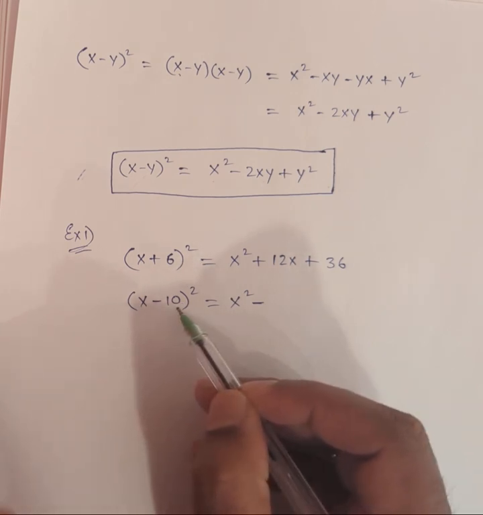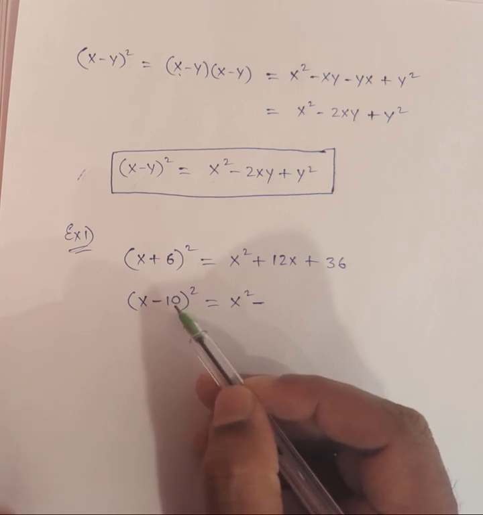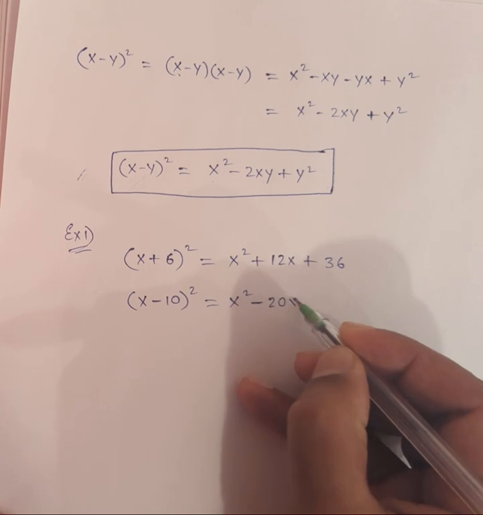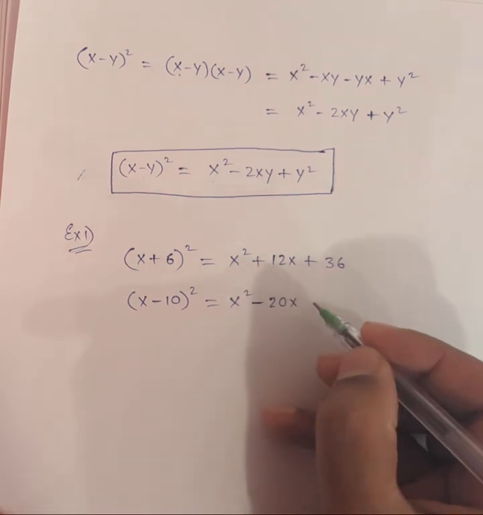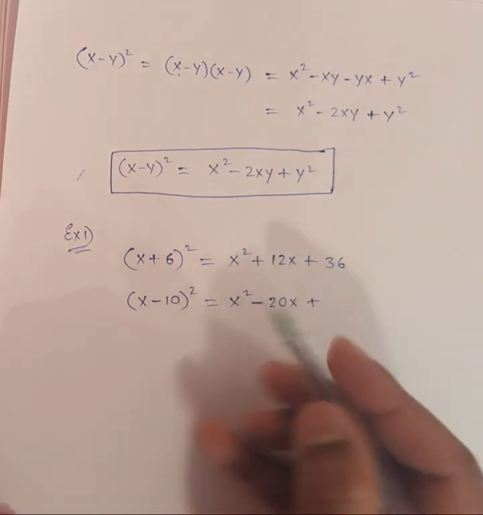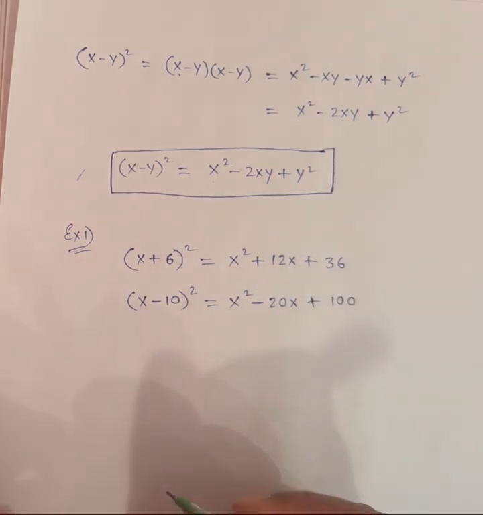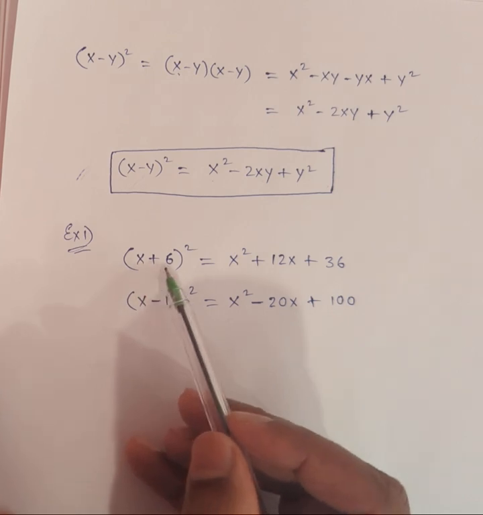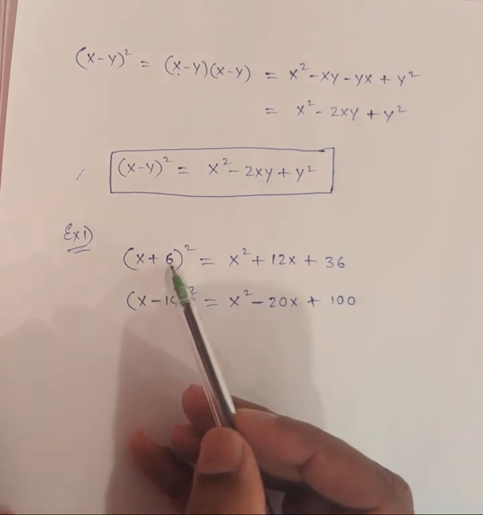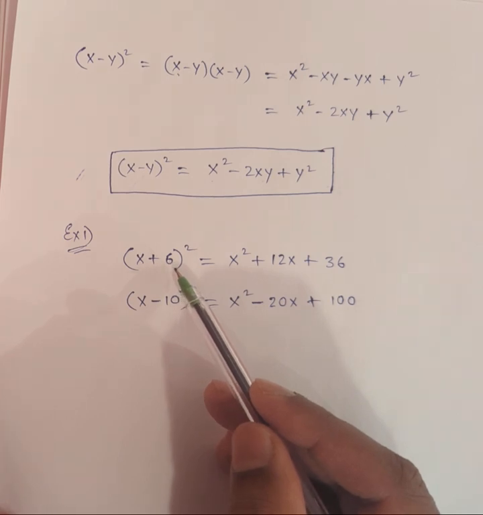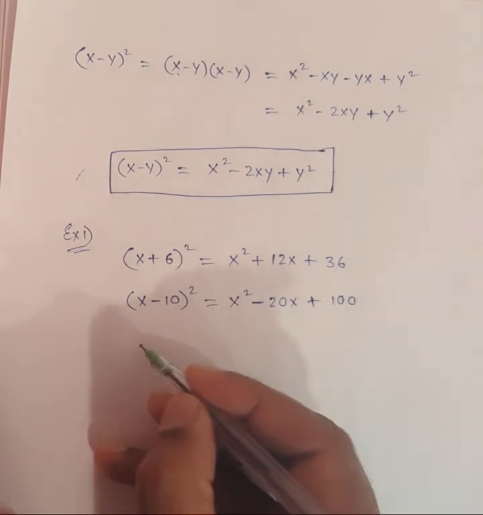So I basically double this 10 and I get 20, and I will have that x. Plus, now 10 square is 100. So notice, whenever you have a variable and a number here, the middle coefficient is going to be double of what you are going to see inside the parentheses.